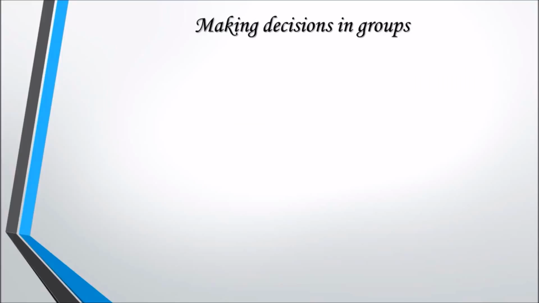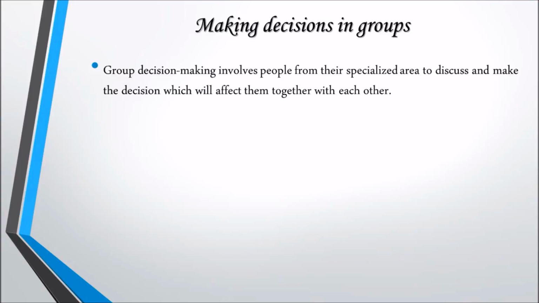So the decision can be made by individuals or in groups. Some people would prefer that group decision making is more effective and convincing. Group decision making involves people from their specialized areas discussing and making decisions which will affect them together.